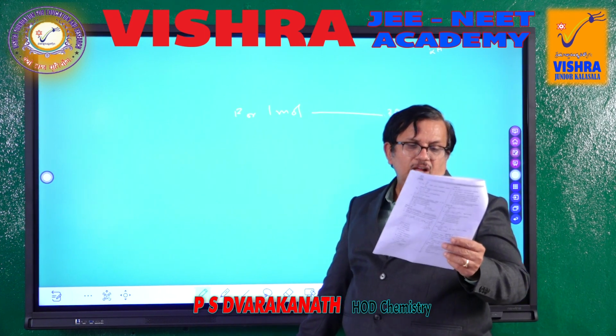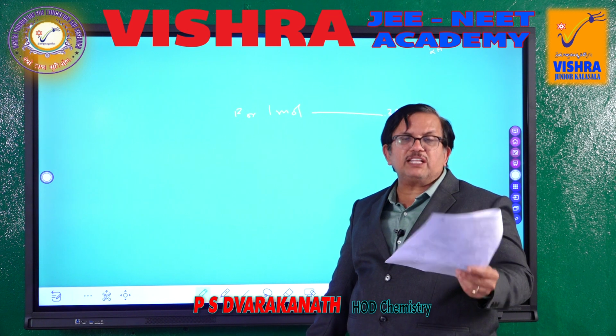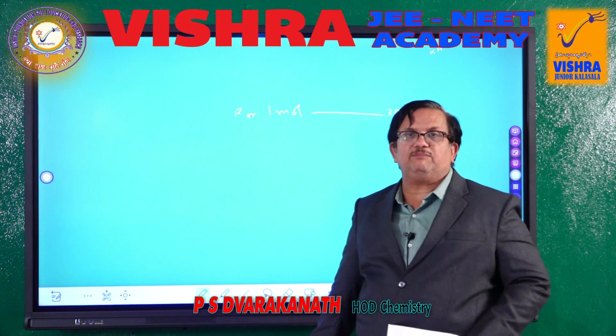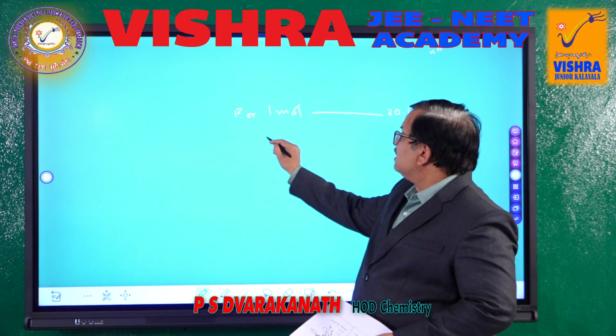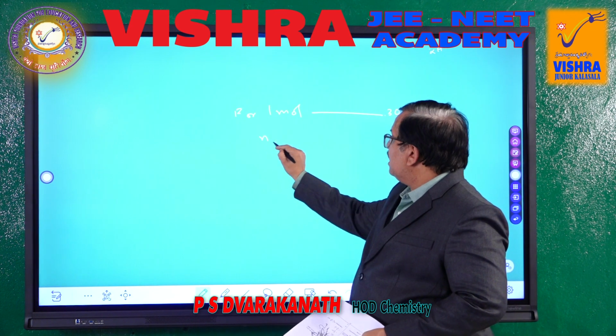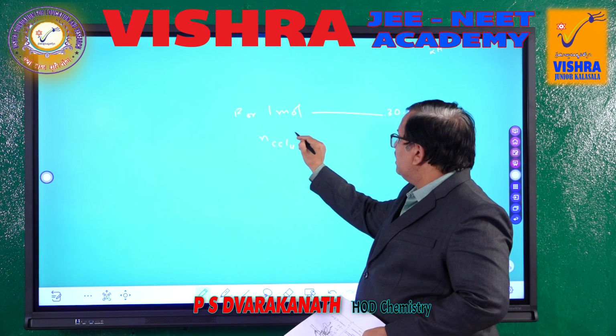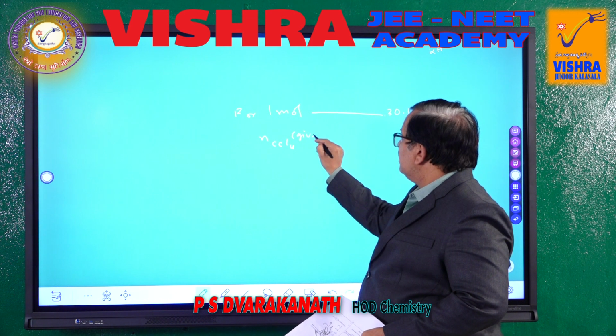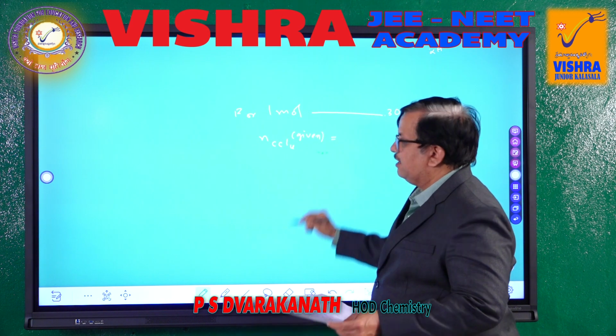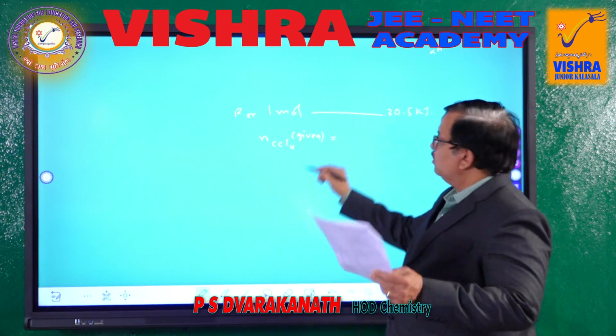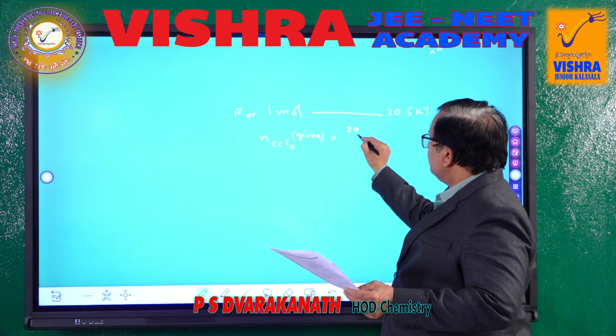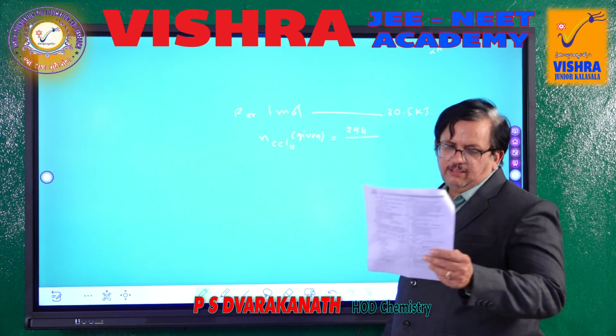Then for the heat absorbed for the vaporization of 294 grams, you calculate the number of moles of CCl4, which is given mass by molar mass. What is the given mass? 294. What is the molar mass?